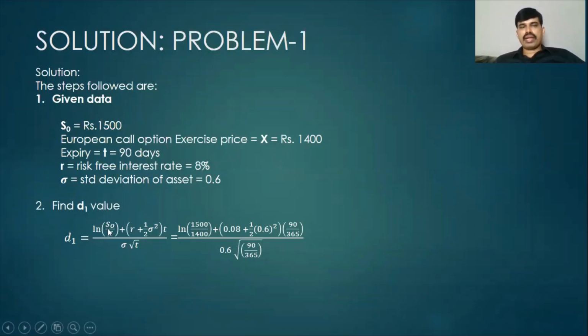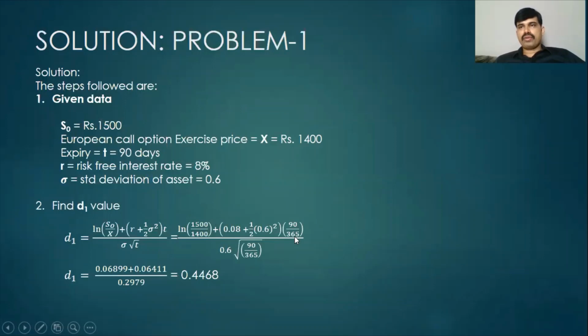Now, if we substitute the value of the spot price, which is 1,500, the exercise price, 1,400, the risk-free rate of interest, 0.08 (always consider the decimal values), and the standard deviation, 0.6, so the variance will be 0.6 squared, and the time period is 90 days, so 90 divided by 365.